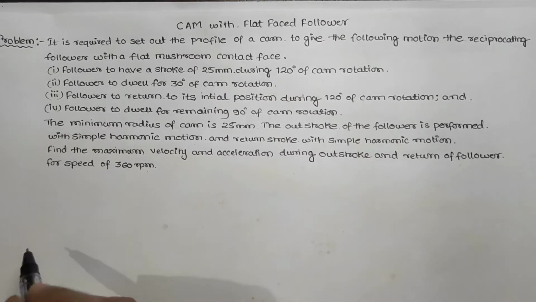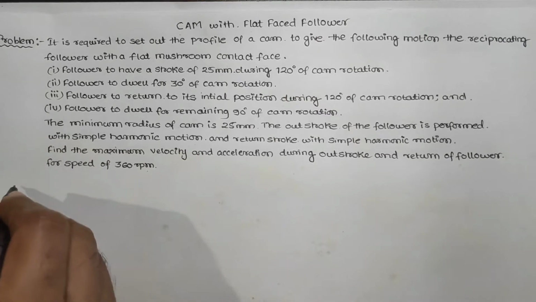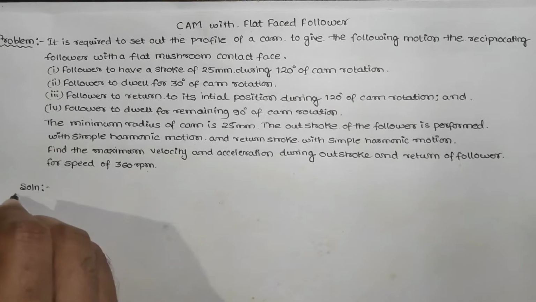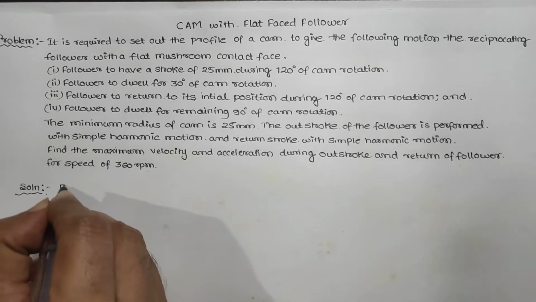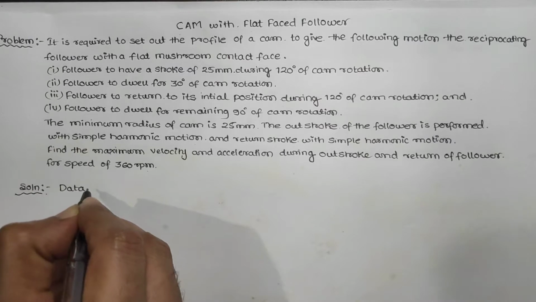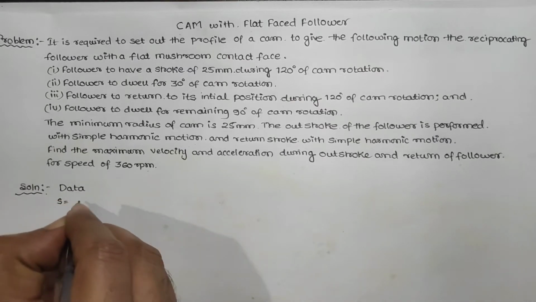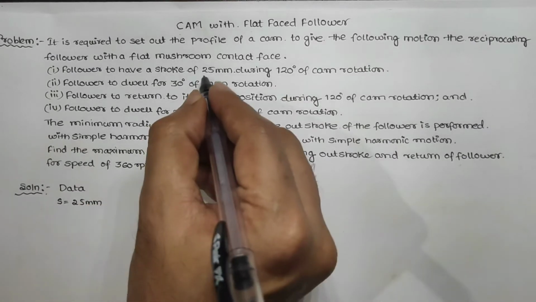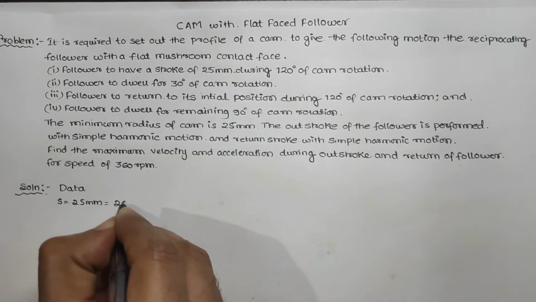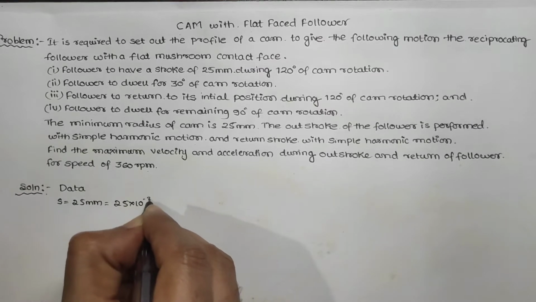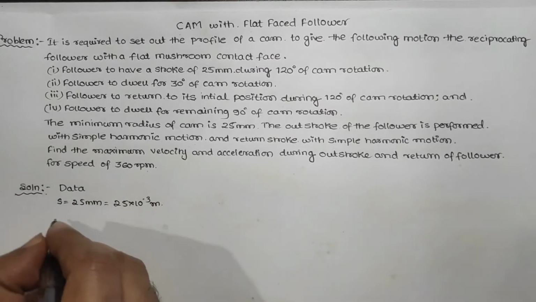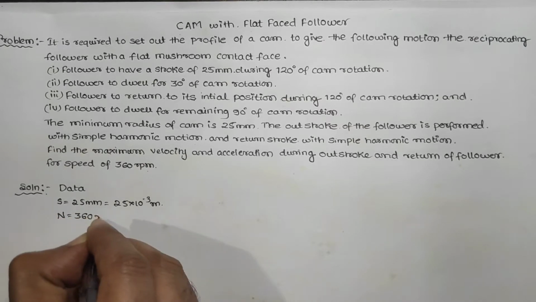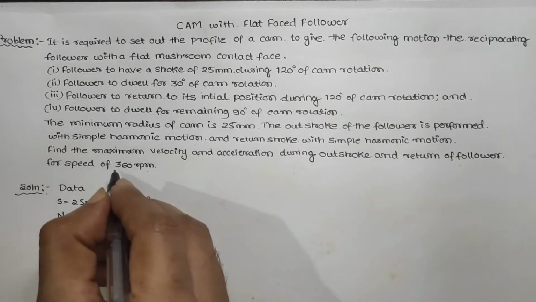Calculation. Speed has been given, so we'll follow the same method. Solution, data. S is equal to 25 mm, stroke given equal to 25 into 10 to the power minus 3 meter. Then speed N equal to 360 rpm given.